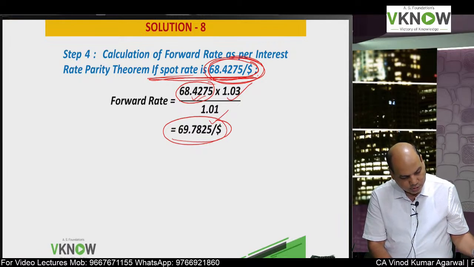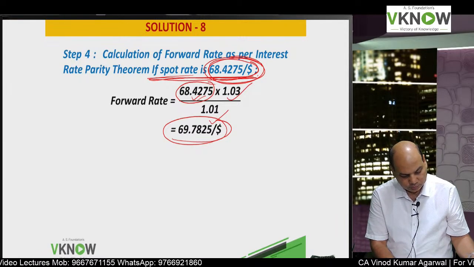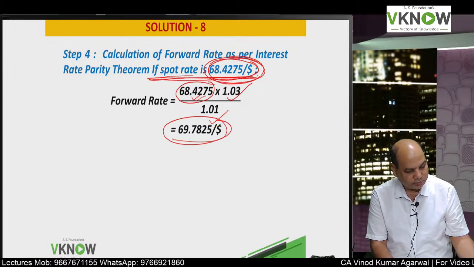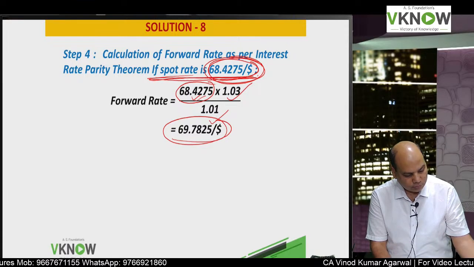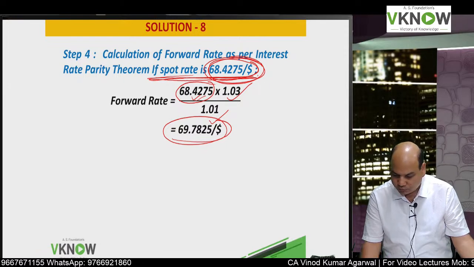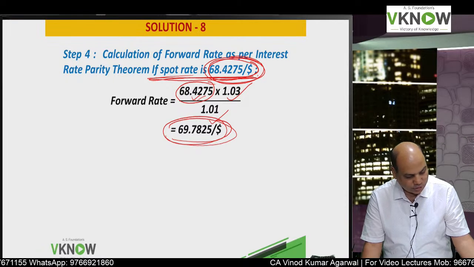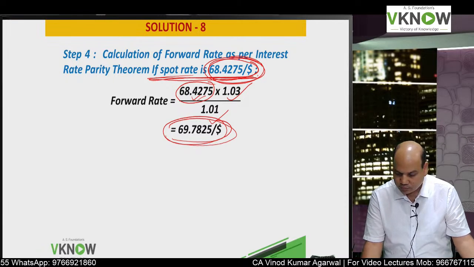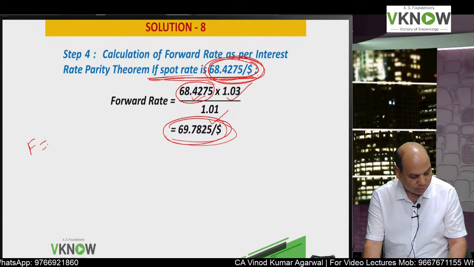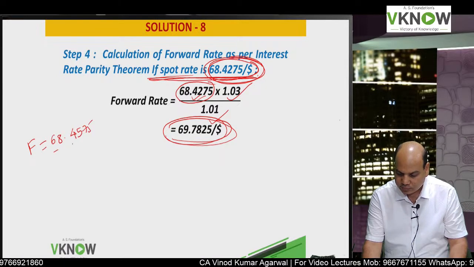Let me just check, please wait. 69.7825. And what was the forward rate quoted by the bank? 68.4575.